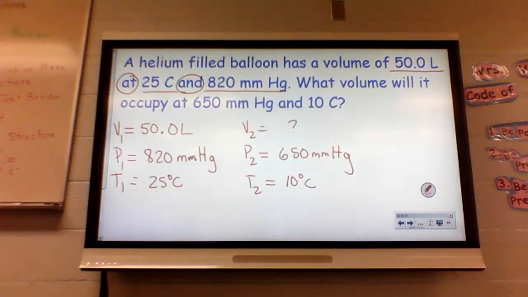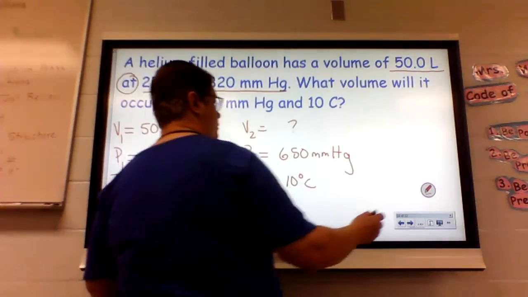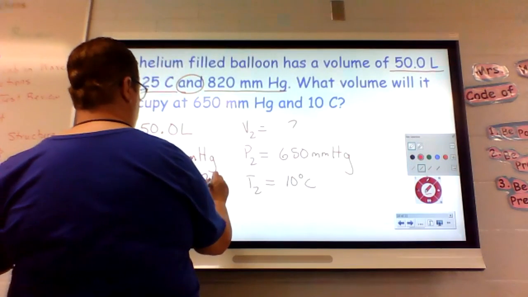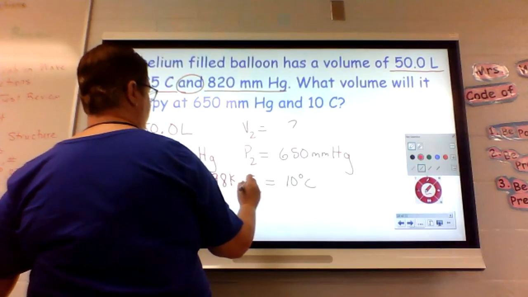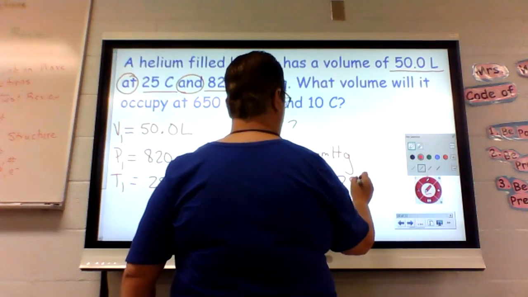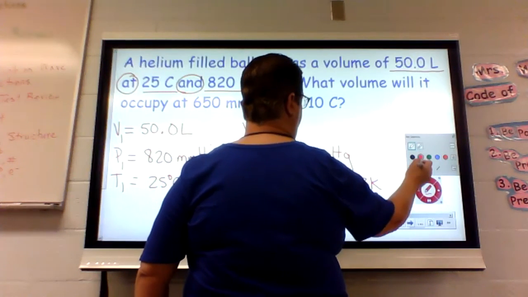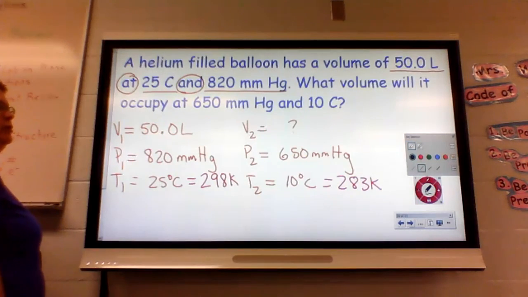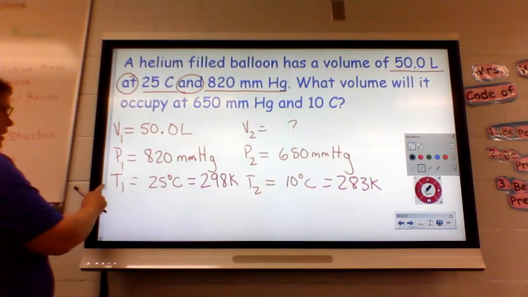Which one has to be changed? Celsius. All right, so 25 will be 298, and 10 will be 283. We're good to go on the pressures and the volumes, but we do know our volume will be in liters.